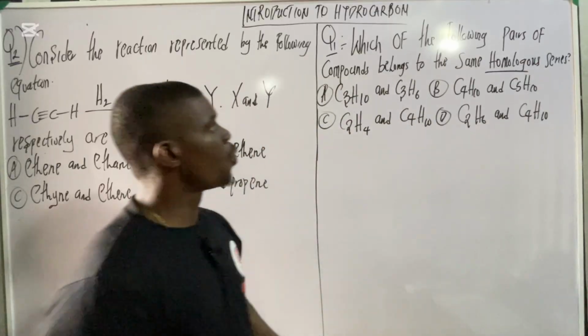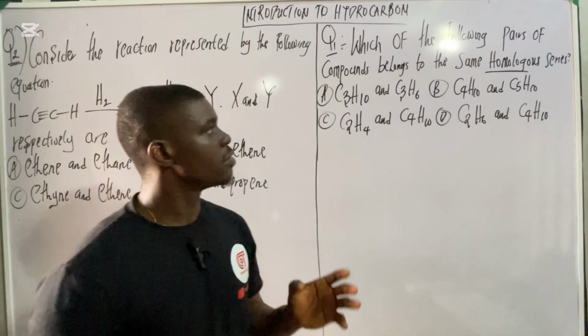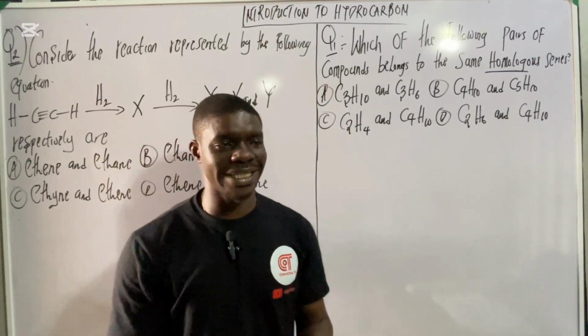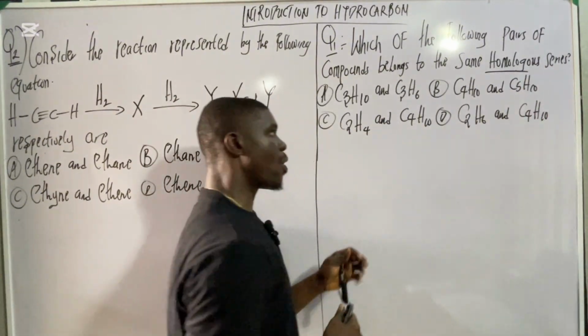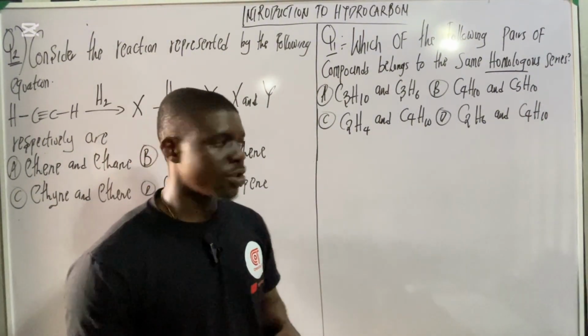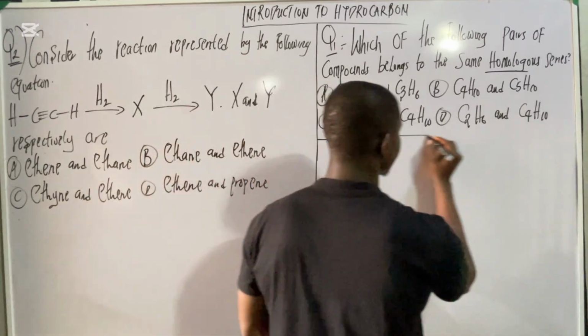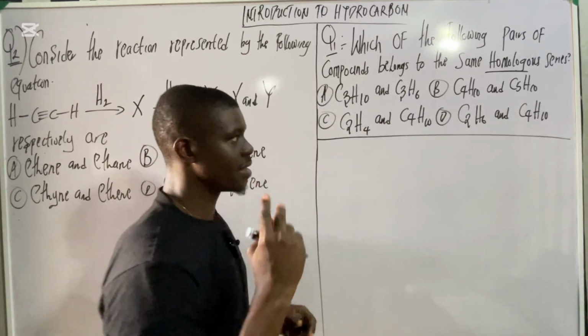Which of the following pairs of compounds belongs to the same homologous series? You have to understand homologous series. When we talk about the word homologous, there are two things you must keep in mind.